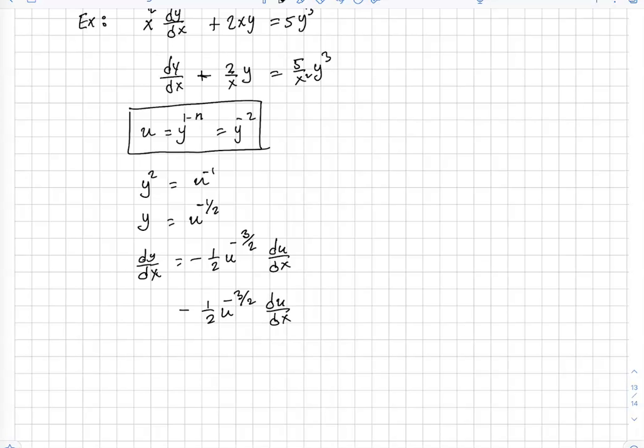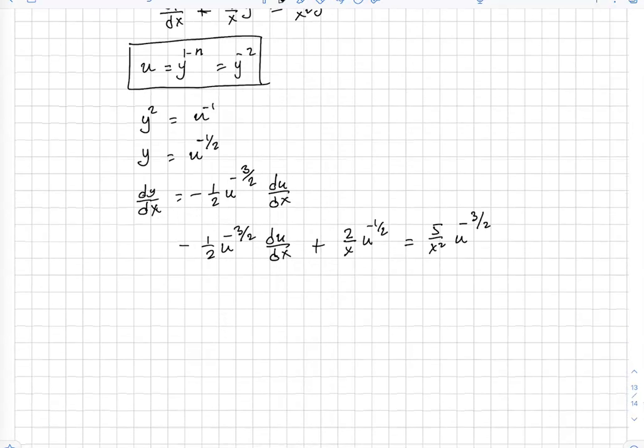So this is for dy/dx, plus 2 by x times y, which is u to the minus half, equals 5 by x square times y cube, which is u to the minus half to the power 3. And now we can simplify it.